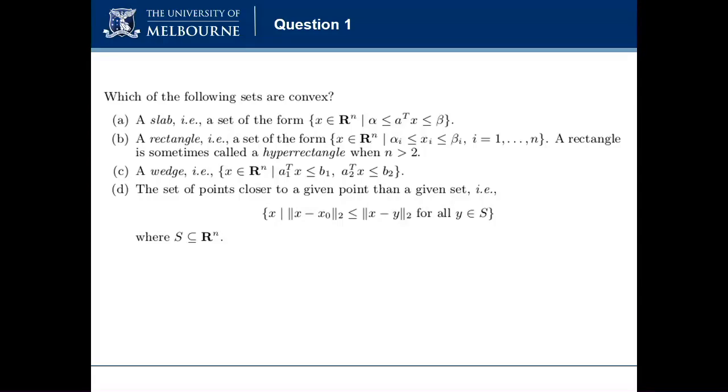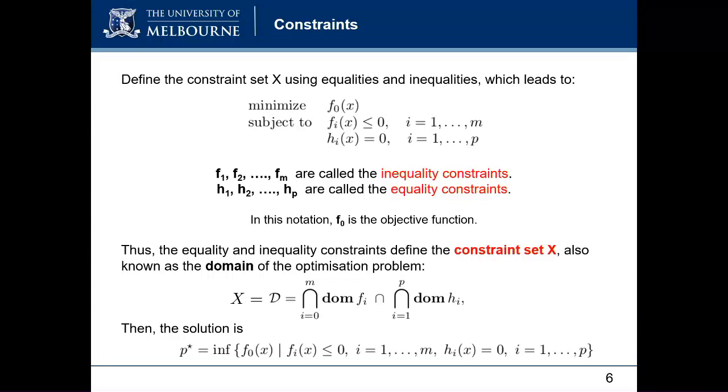Just to refresh your memory, the canonical form of an optimization problem looks like this. You have an objective function, then maybe a set of inequality constraints defined by these functions, and then a set of equality constraints defined by these functions.